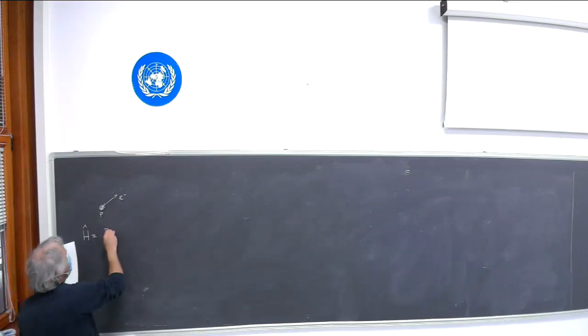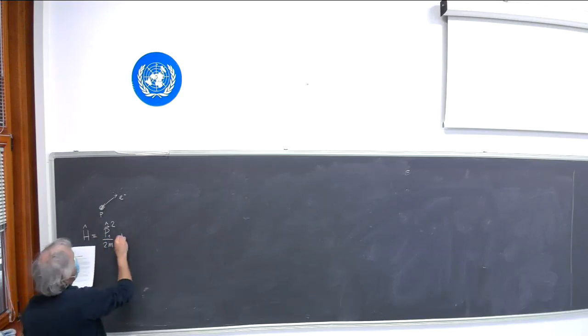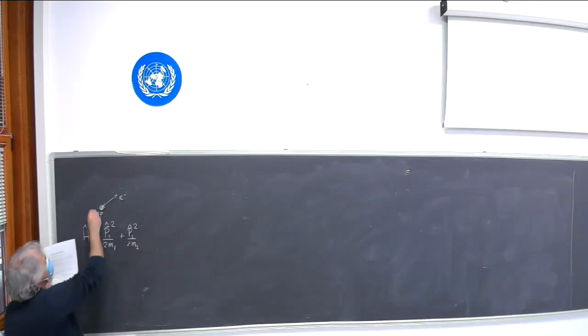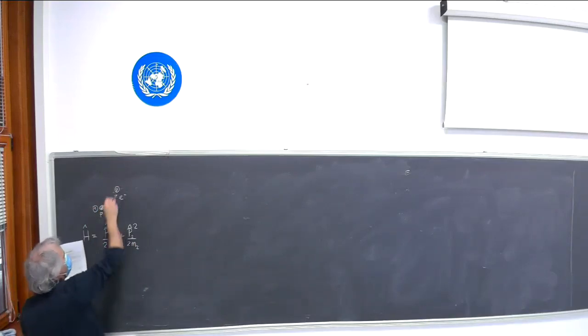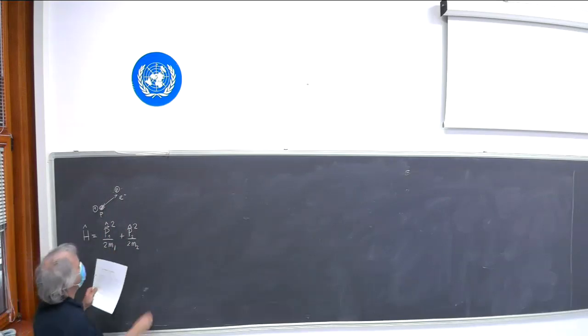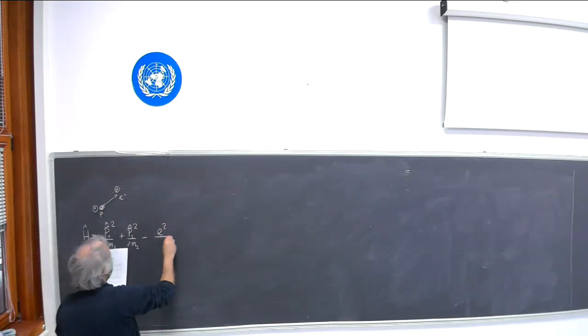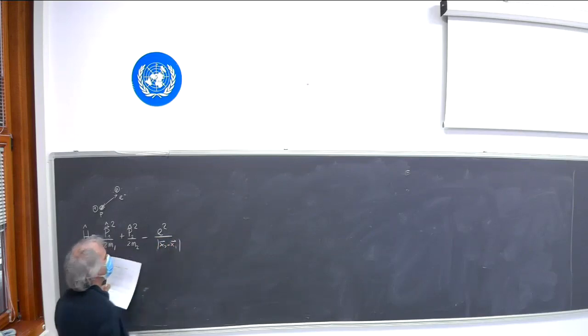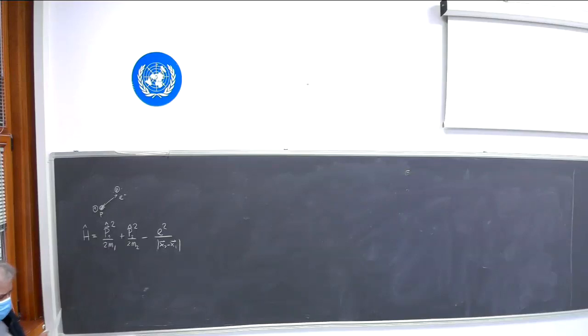So let me call it P1, say the momentum of the proton, squared divided by twice the mass of the nucleus, plus the kinetic energy of the electron, okay, P2 squared divided by 2 the mass of the electron. I would call this 1 and this 2, or simplifying the thing, minus e squared divided by x2 minus x1, okay? The Coulomb potential between the two things.